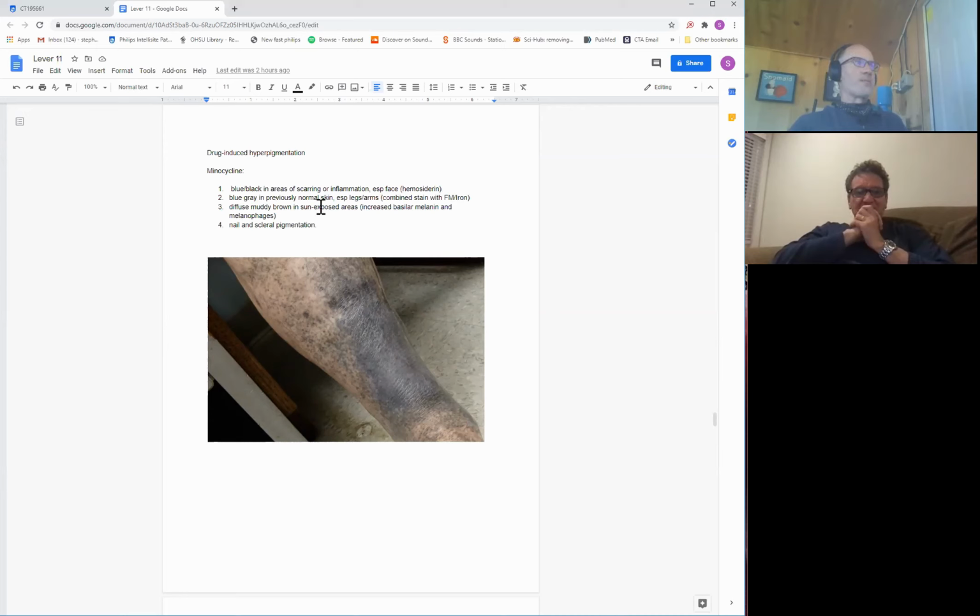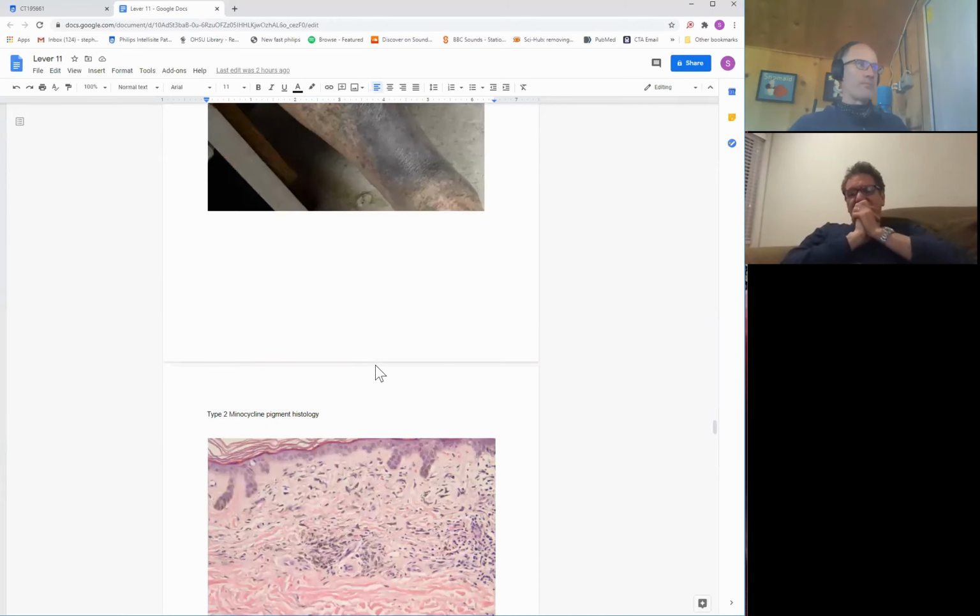There's a diffuse muddy brown pigmentation in sun-exposed areas that corresponds to increased basilar melanin and melanophages. And there can also be nail and scleral pigmentation. So here's the shin type, and this is nice and blue-gray.